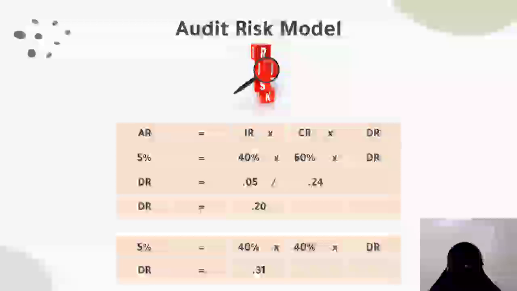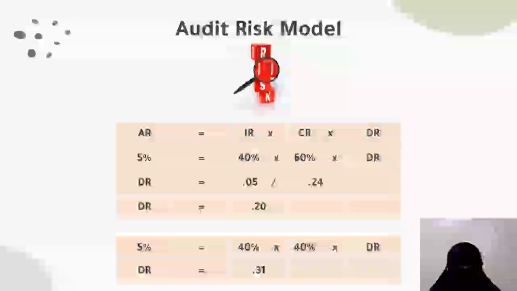Assume that acceptable audit risk is assessed at a value of 5%, consistent with the 95% confidence interval associated with statistics. By illustration, we can see here, assume inherent risk is assessed at 40% and control risk is assessed at 60%. Again, these two risks are a function of the management. Thus, the auditor only assesses these two risks, and cannot change its levels.